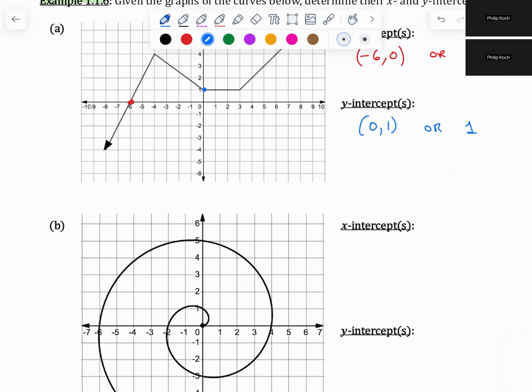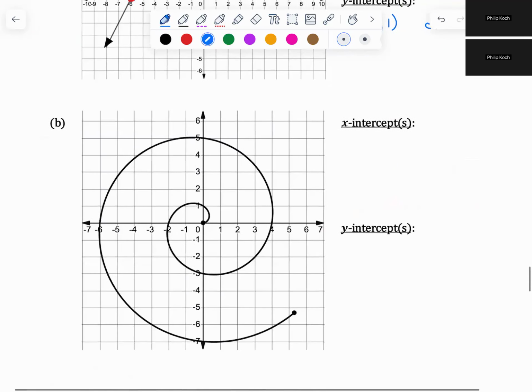Now, curves can have multiple x-intercepts or multiple y-intercepts. It all depends. This one here starts and ends right there, but I could make this go infinitely in a spiral. It would be all fun, but let's list the x-intercepts. I'll use red. -6, -2, 0, and 4.